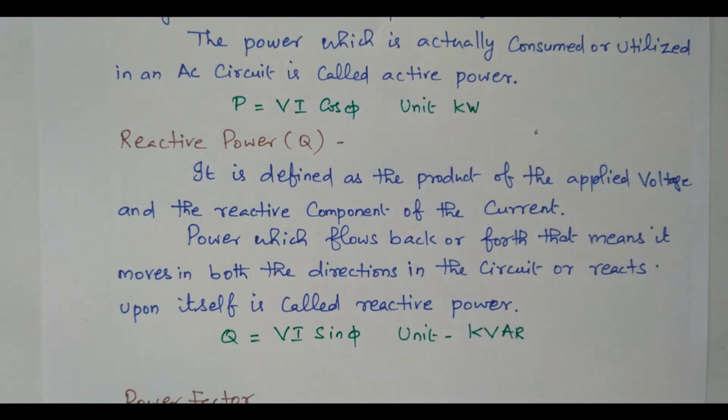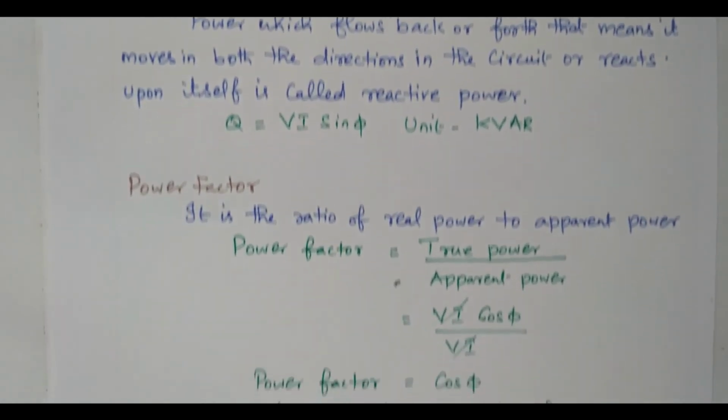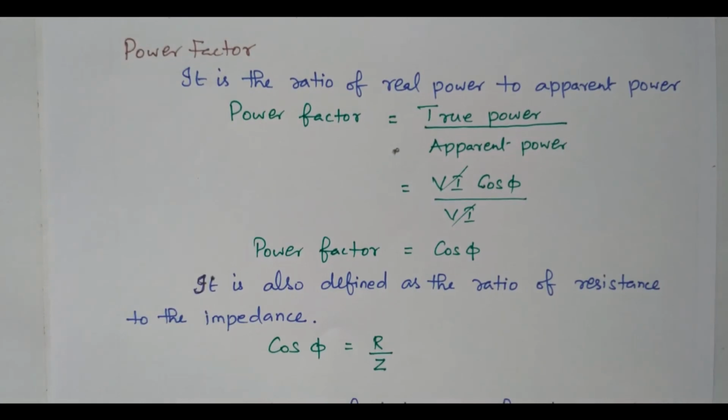Now we have discussed the apparent power, real power and reactive power. Based on that we will go to the power factor. Power factor is the ratio of real power to apparent power. Real power or true power is VI cos φ, apparent power is VI. VI gets cancelled, it is cos φ.